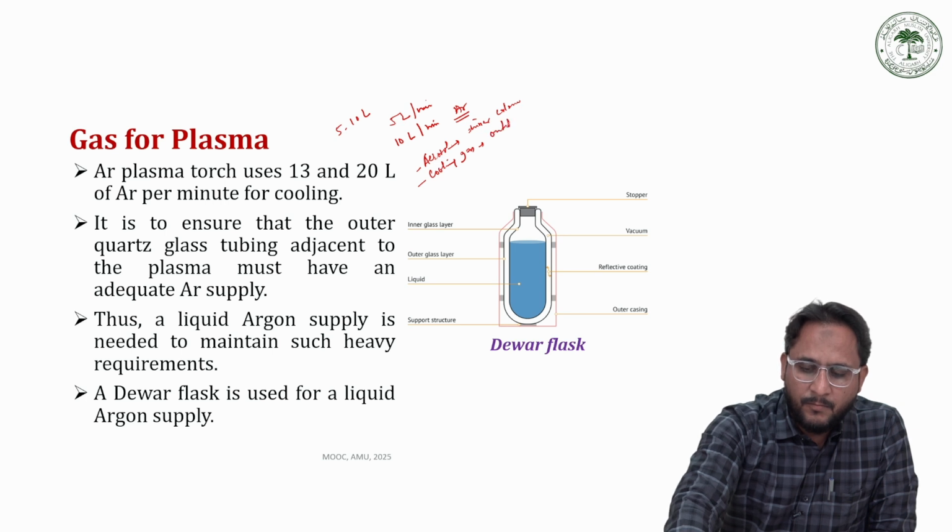The flow rate in the outer tube is around 13 to 20 liters per minute.